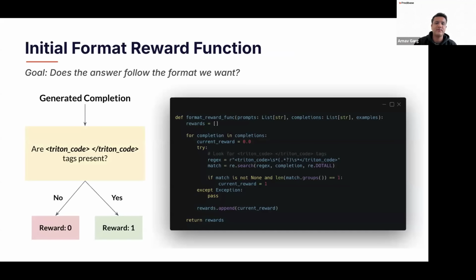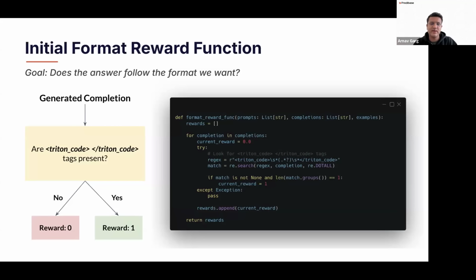What I mean by that is, for each generation that the model produces for a given prompt, we can say, hey, do you have the Triton code and /Triton code tags present in the output? And that's done through this regex match written over here. So we take the completion, do a regex match, and if you have 1 instance of this exactly, then great, you get a reward of 1.